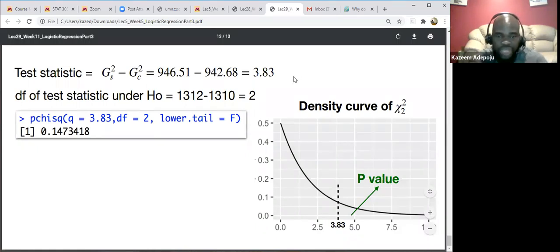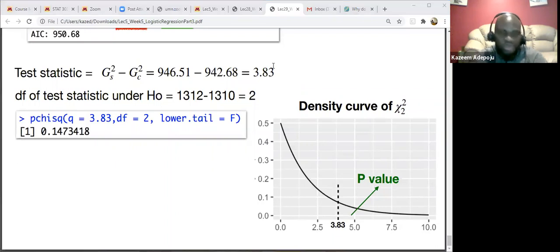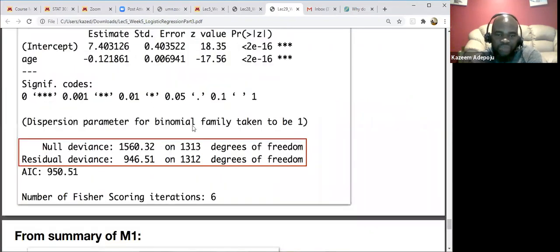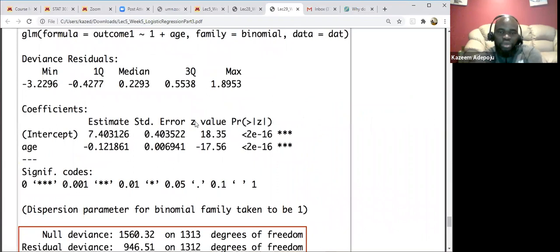Somebody said, what does Z value mean? Of course, I told you the other time that in the output under logistic regression, you are not going to see a T. What you are going to see is a Z value. The Z value that we're talking about, we are more or less talking about the normal distribution.